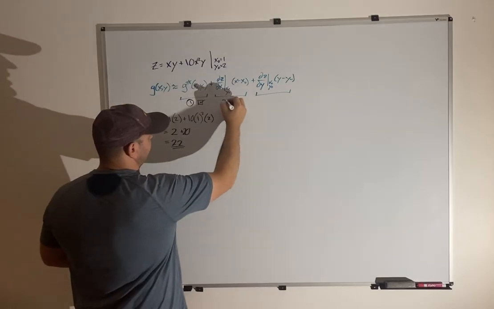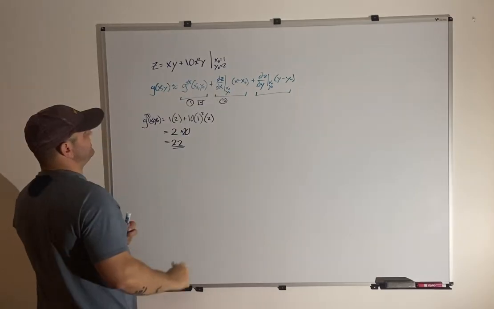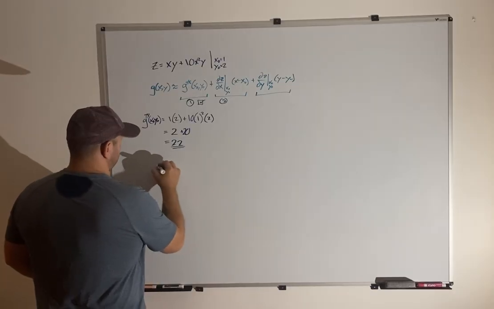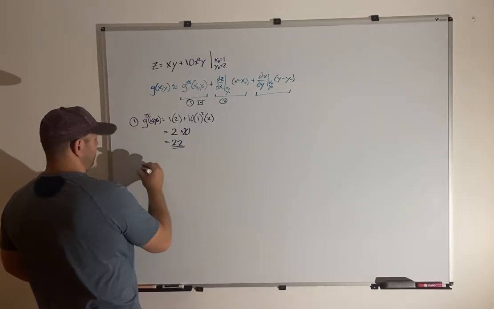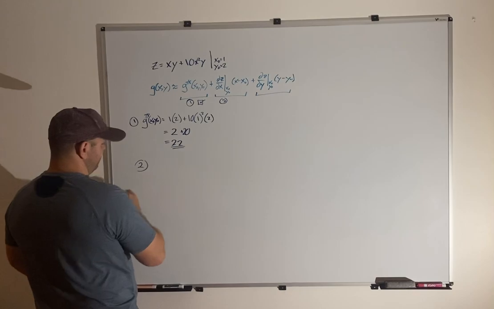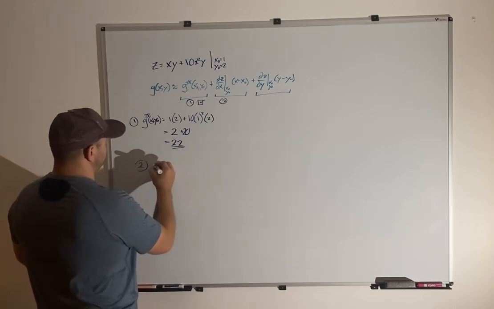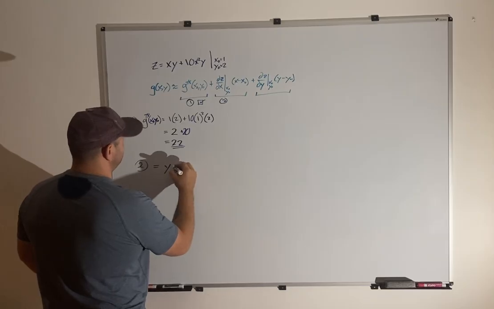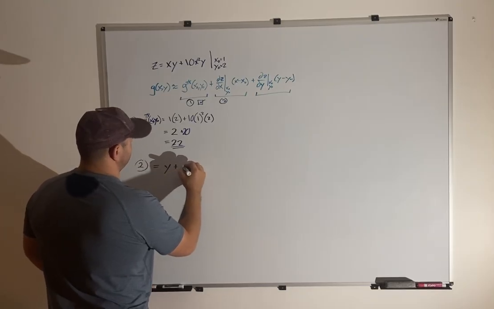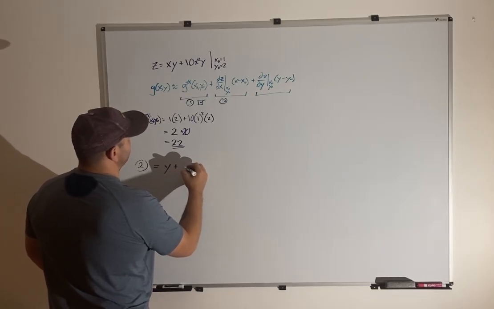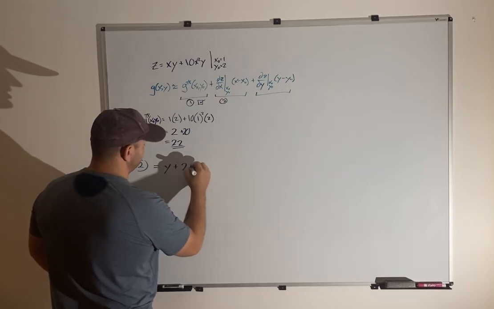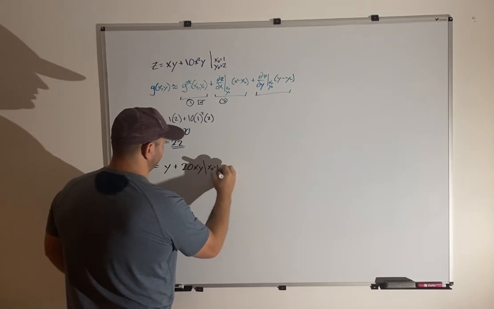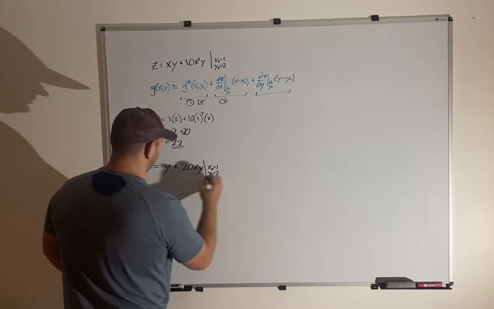Good. Moving on to number 2. Partial derivative of z with respect to x. That was 1, this is 2. With respect to x, it's going to leave y as the constant, plus 2 is coming out, dropping the power of x down to 1. That's going to be 20xy. And now we're going to evaluate at x0 equal to 1, y0 equal to 2.